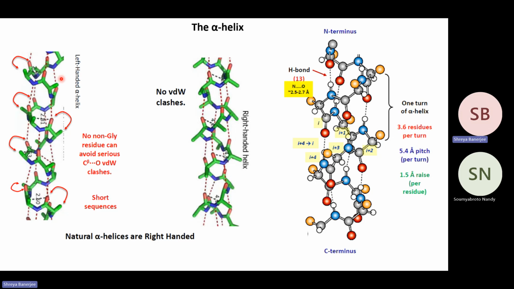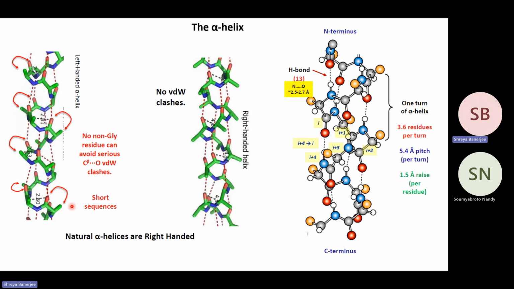So the alpha helix can be of two types. One is the left-handed alpha helix, another is the right-handed alpha helix. Now, all natural alpha helices are right-handed. This is because if you see the left-handed alpha helix, the CO and the C alpha and substituents on C alpha are very close. So there is a steric repulsion between them.